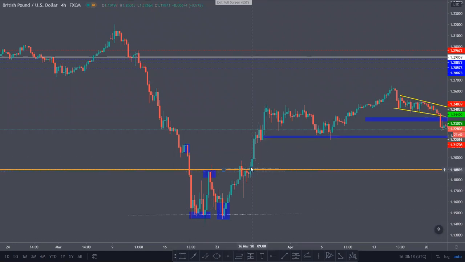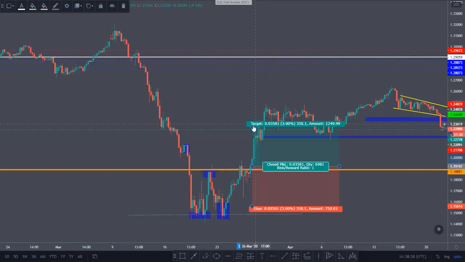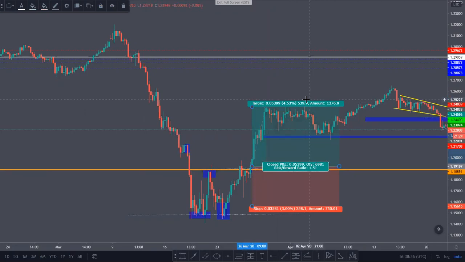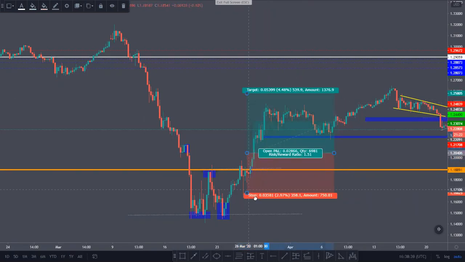So it should mirror this range. So the number of pips between here and here should be the same. So price went till here. So you can see you're able to make about 539 pips on this if you traded using this strategy.